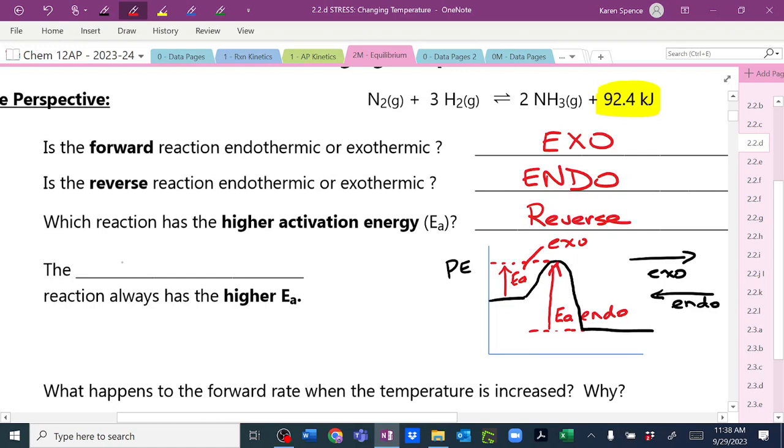So the endothermic reaction always has the higher EA. What happens to the forward rate when we increase the temperature, and why? Tell your partner, please.